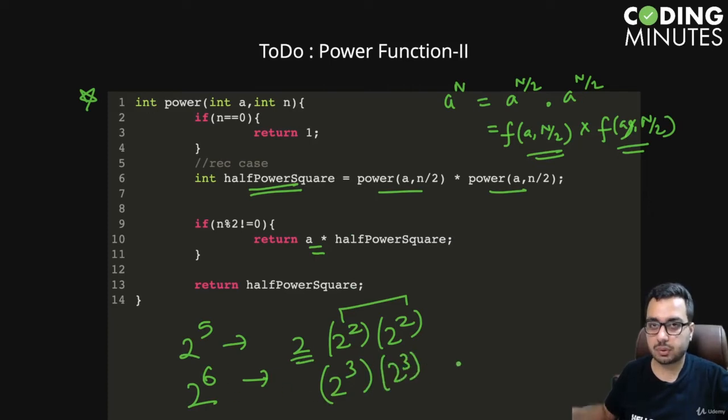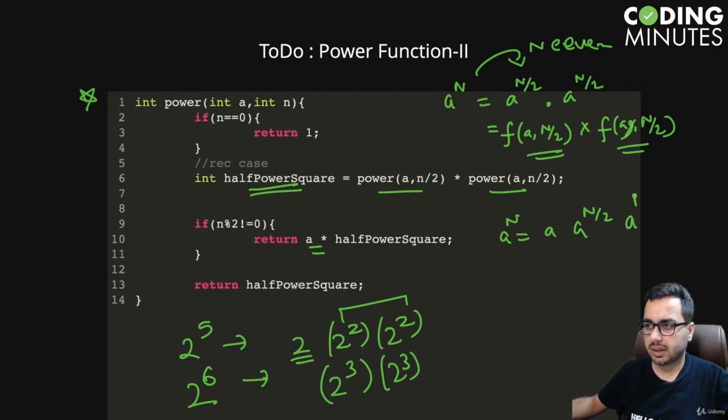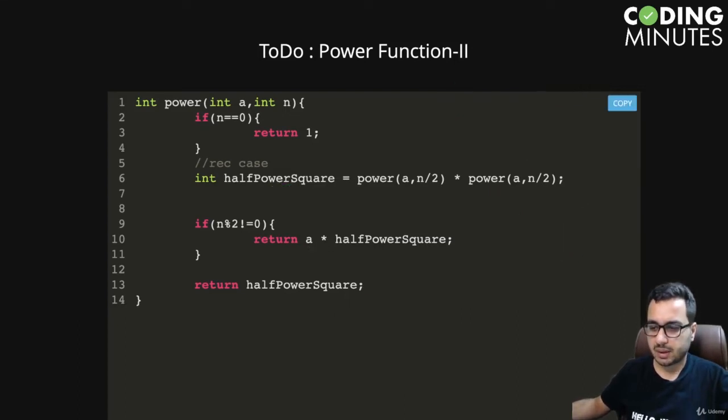And if n is odd, we multiply with another a. So this is the formula that we are using. Now the multiplications take linear time, but the time will depend upon these function calls.